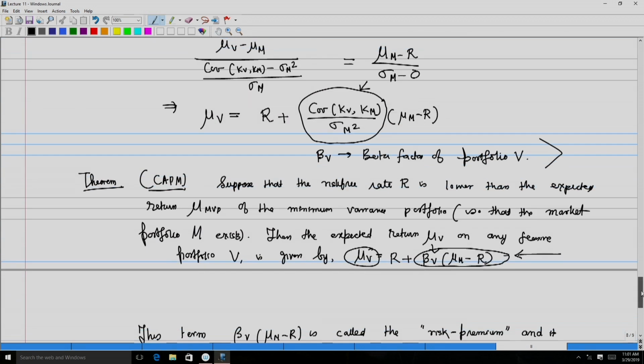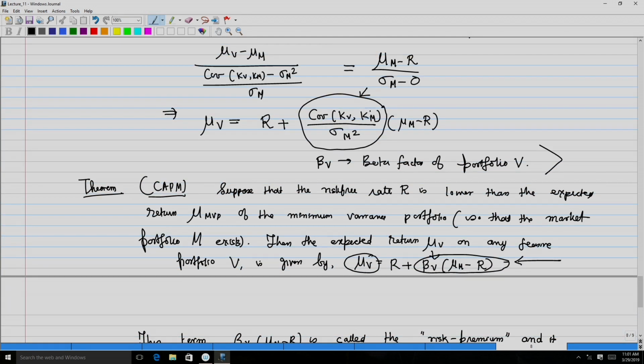And if you look at the expression for beta v, this is basically the covariance of the portfolio with respect to the return of the market portfolio. Now, since the factor sigma m square is fixed, in some sense this term is reflective of the risk that is posed to the portfolio as a result of its interaction with the market.